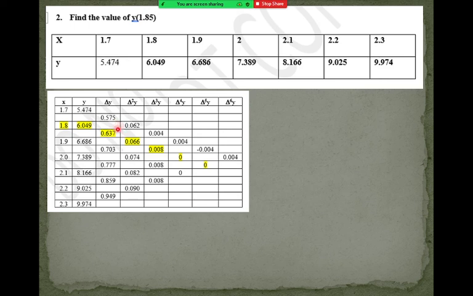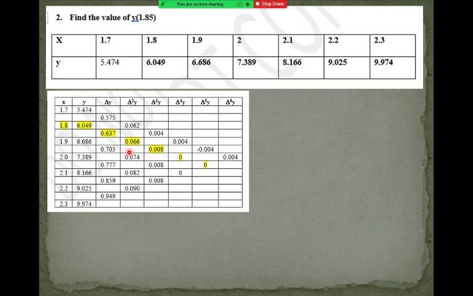If you make one silly mistake, like 0.637 minus 0.575, and you write a wrong subtraction, the entire table will become wrong and your answer will also come wrong, and you will definitely not get full marks. So you should be very focused while writing this table.